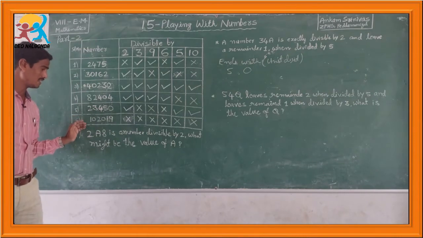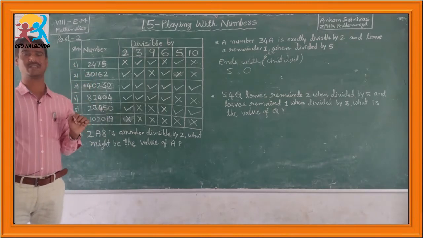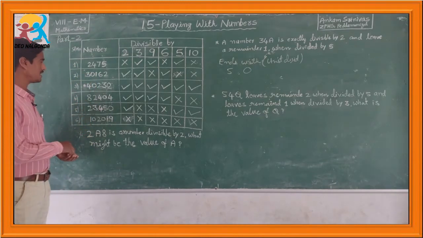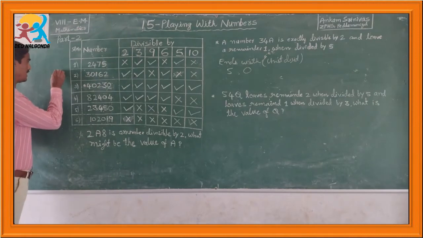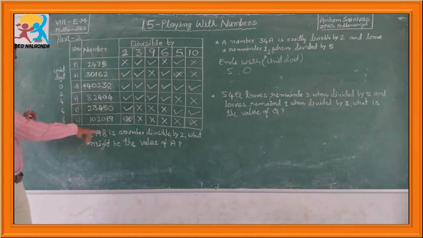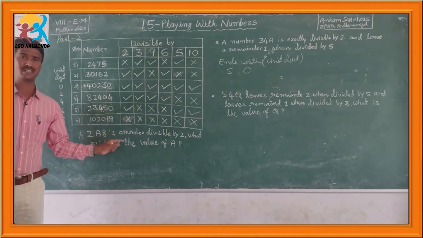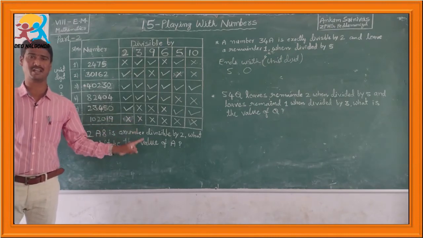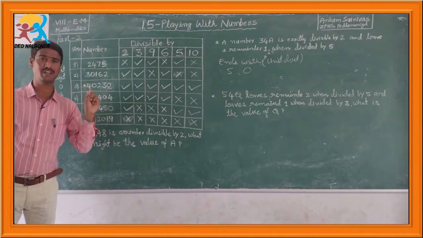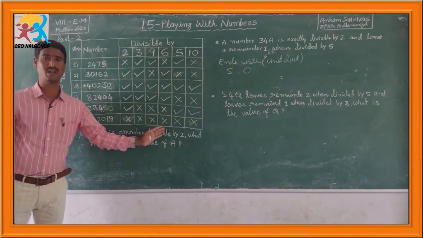The divisible by 2 rule is affected only by the unit digit, because if the unit digit of a number is 0, 2, 4, 6 or 8, that number is divisible by 2. So to check whether a given number is divisible by 2 or not, we only have to check the unit digit.